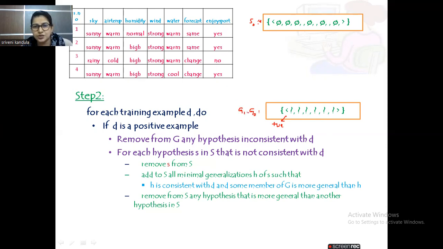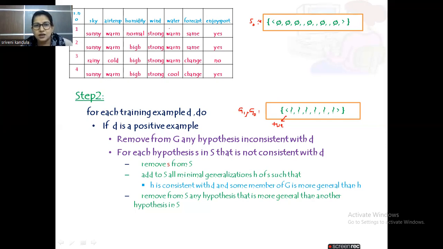Let us mark it as G1. Coming to the specific boundary. For each hypothesis s in S that is not consistent with D. So this is our specific hypothesis, and let us see how this classifies our first example. Here we have all phi's.